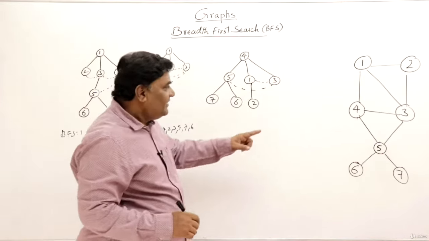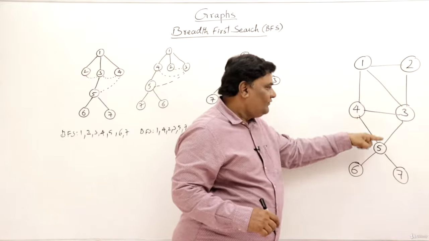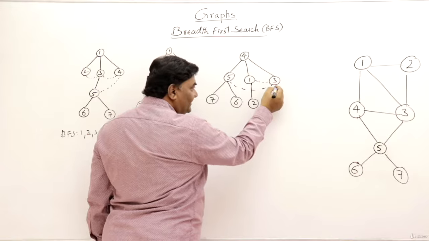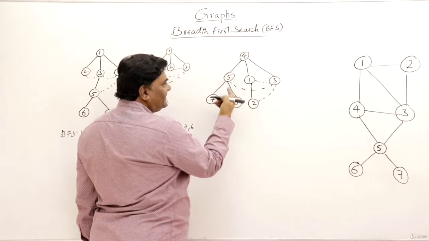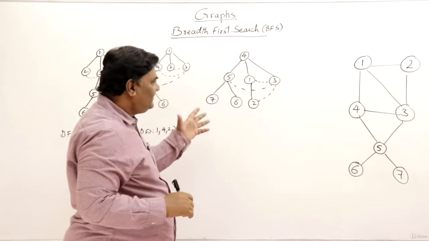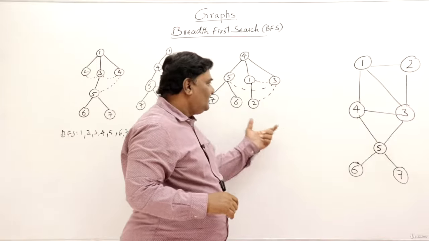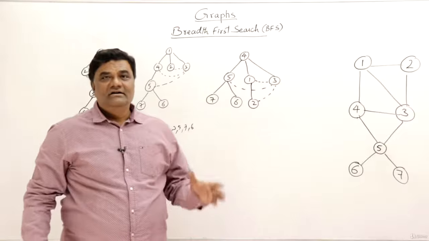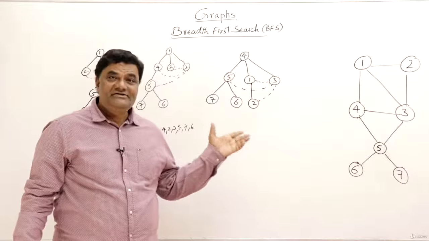Then for the next 3, who is adjacent? 2, 5 and 4. So 2 is coming from 3, I should draw an edge, right? 5 already there is an edge. That's all. Next, I should go to adjacent vertices of 7 and 6. There are no adjacent vertices of 7 and 6. I got this result. The tree is different.